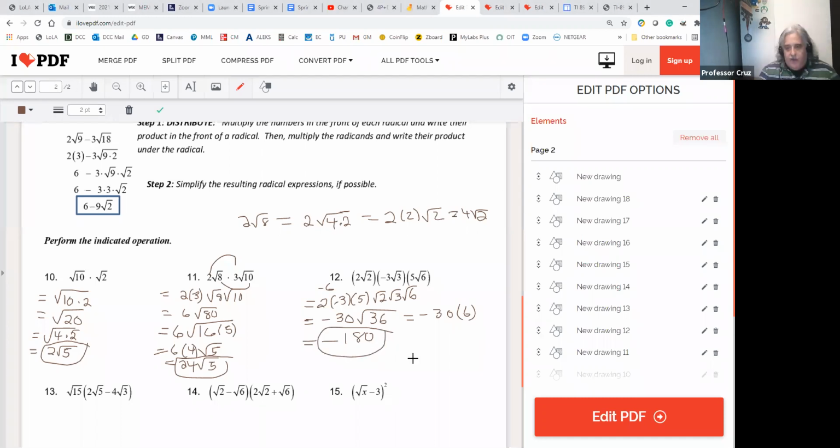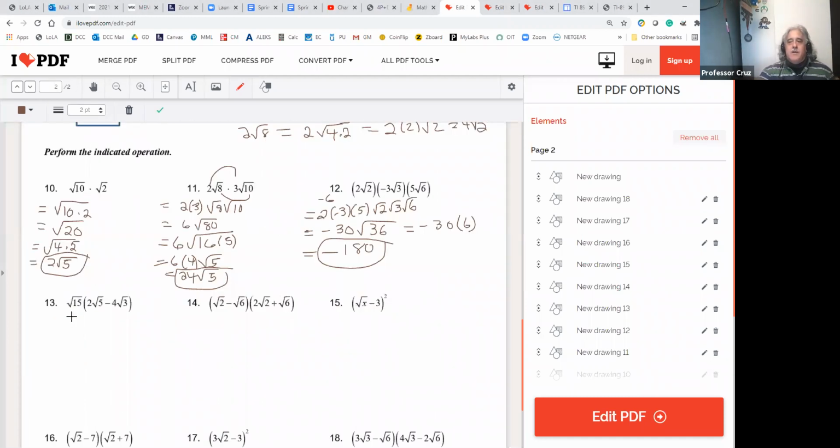Now we're going to be dealing with a monomial times a binomial, but it's pretty much going to work the same way. We're just going to multiply this times this and that times that. Since there's no number in front of the square root on the left, there's nothing to multiply the 2 and the negative 4 by.